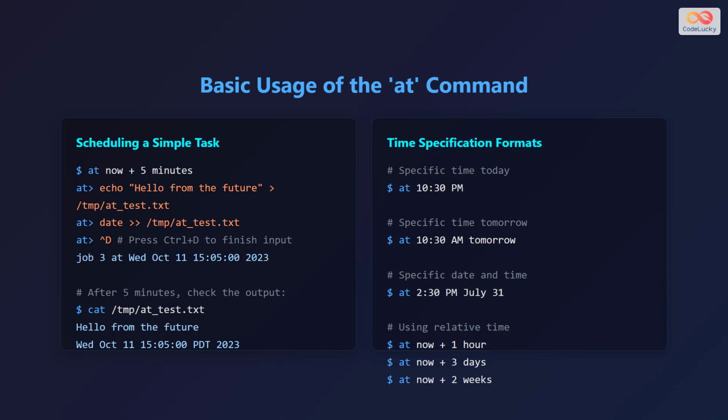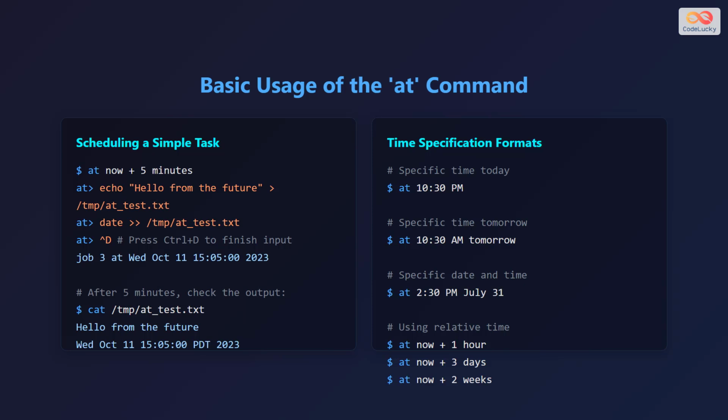Then type date double greater than symbol /tmp/at_test.txt. Press Ctrl plus D to finish the input. The output will display the job number and the scheduled time. After 5 minutes, check the output by using the command cat /tmp/at_test.txt. This will display hello from the future, followed by the current date and time.